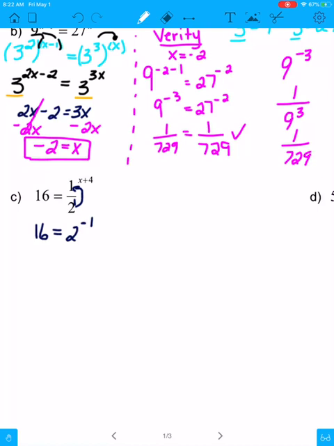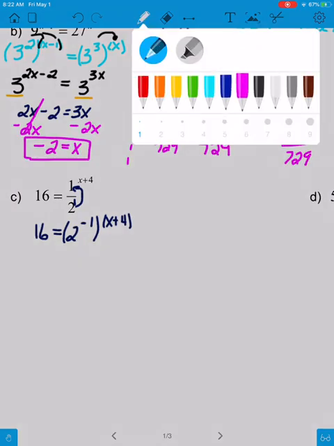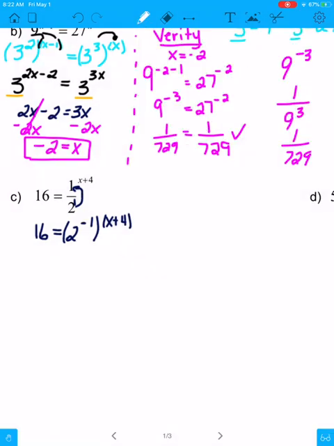They are the same. So I'm going to get 2 to the negative 1, and then in brackets, I'm going to put x plus 4, so I remember to distribute that negative 1 to both the x and the 4. So I'm going to get 16 equals 2 to the power of negative 1 times x, which is negative x, negative 1 times 4, which is negative 4.